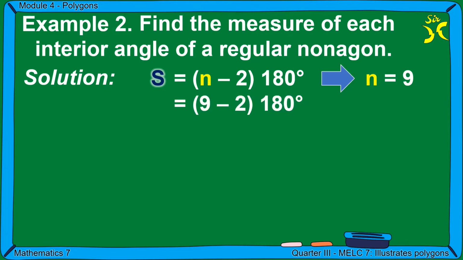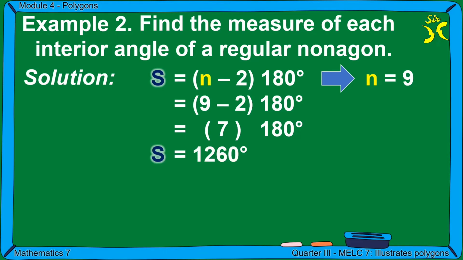Then substitute the value of n. We have 9 minus 2 multiplied by 180 degrees, and 9 minus 2 is equal to 7 multiplied by 180 degrees. Therefore, the total interior angle of a nonagon is equal to 1260 degrees.